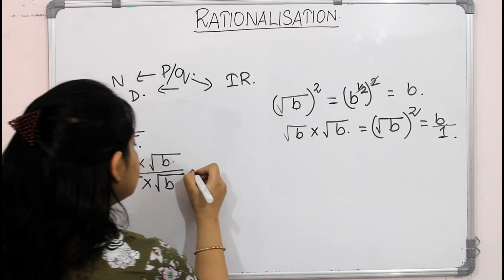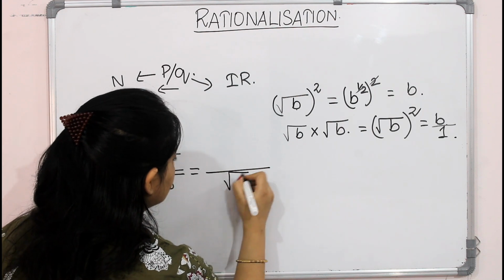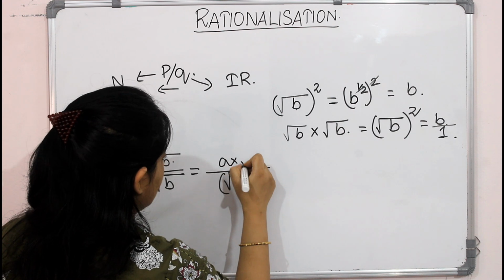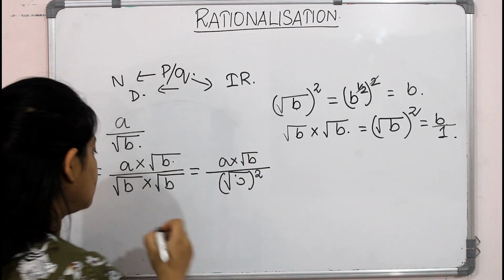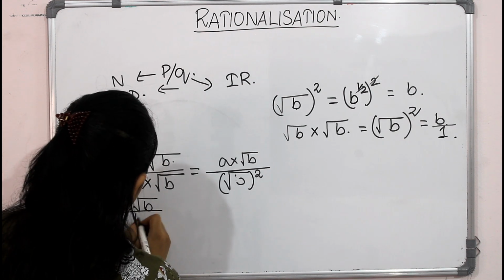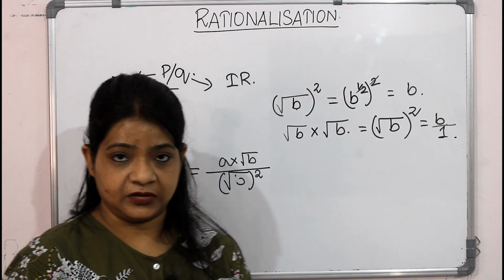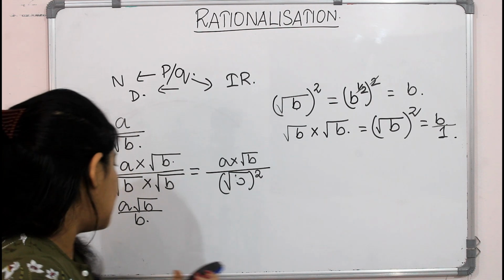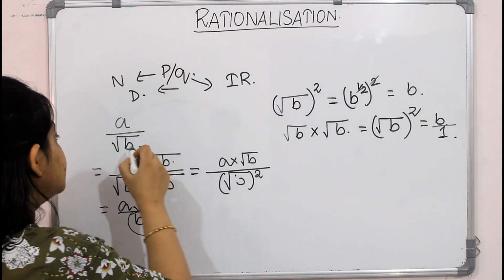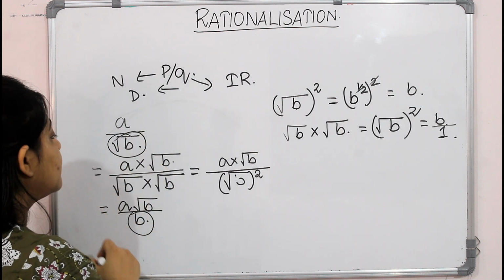So this will be turned into root b square in the denominator and a into root b in the numerator. So a root b by b is the final expression. From that you can say that this is a rational denominator. Initially it was an irrational number.